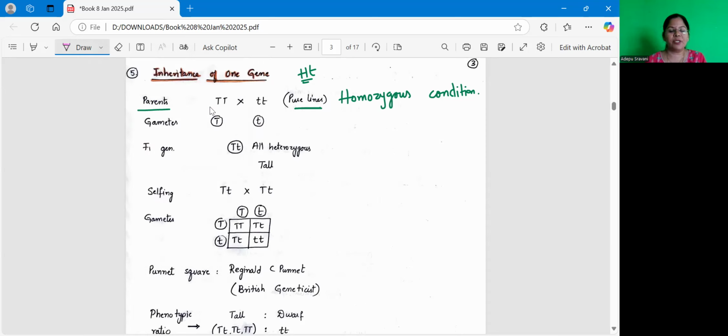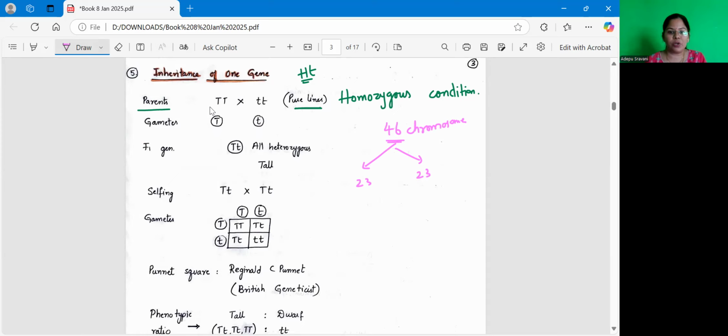In humans, we have 46 chromosomes, isn't it? We say these 46 chromosomes are in 23 pairs.